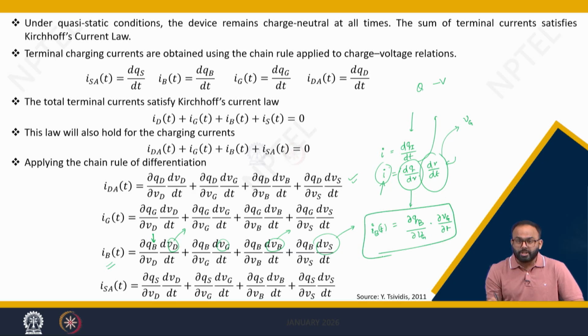A similar analysis you can do for every current. Here again, IDA is the extra current due to fictitious charge QD and ISA is the extra current at the source side due to fictitious charge QS.